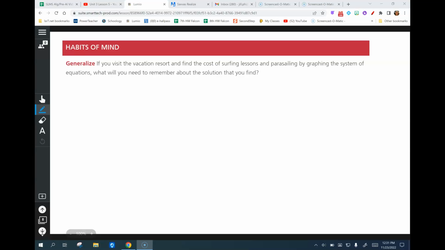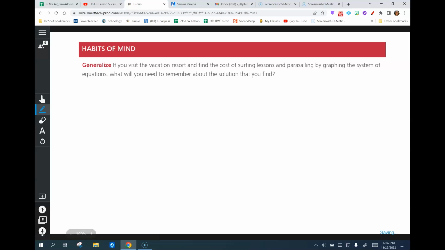Okay, so this is just the habits of mind in your book, and it's always good to think through these. If you visit the vacation resort and find the cost of surfing lessons and parasailing by graphing the system of equations, what will you need to remember about the solution that you find? Well, if we were really going to do it, we need to know that it has to be whole numbers, and to graph this would be a pretty big graph. If you're going to graph it, make sure you have a graphing calculator or you're using Desmos.